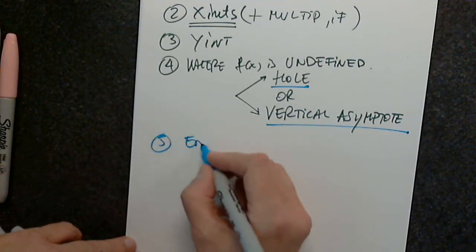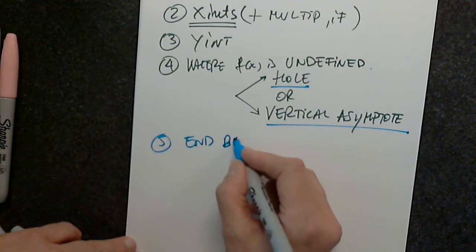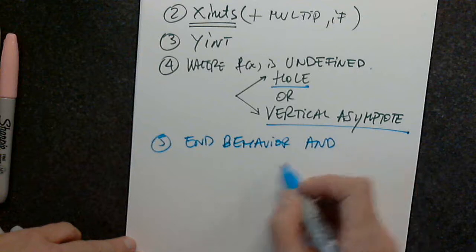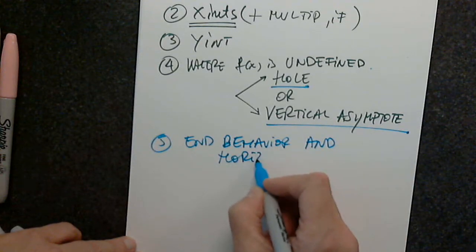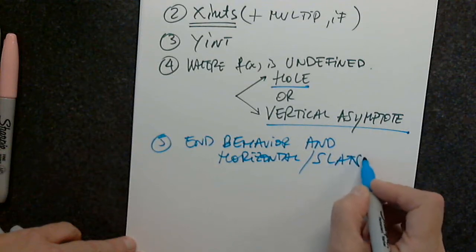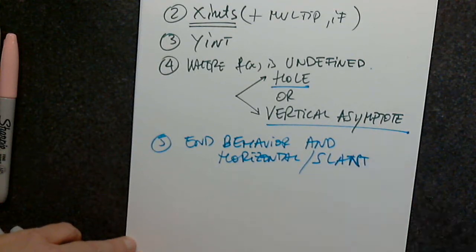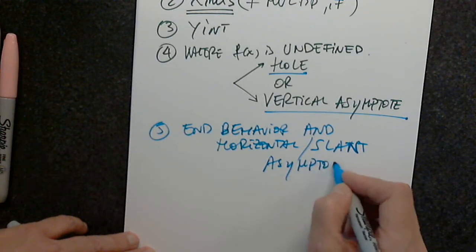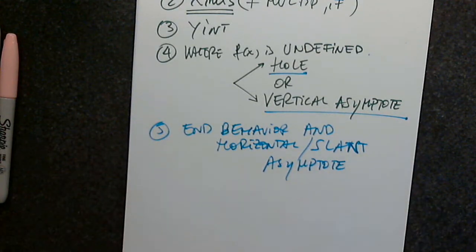5. End behavior, and horizontal or slant, or oblique asymptote. Not both.